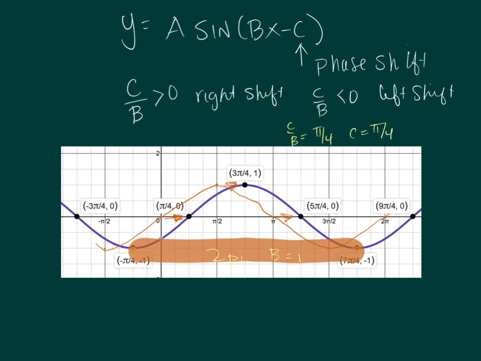So our function is y equals sine of x minus pi over 4. Again, that minus sign is there because it's here in the original. So C must be positive. The ratio C over B must be positive. It is a shift to the right.